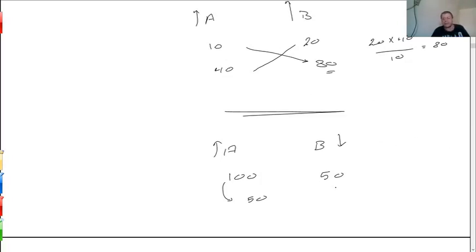This is known as line multiplication. 100 times 50, divided by this 50, gives you 100 here.